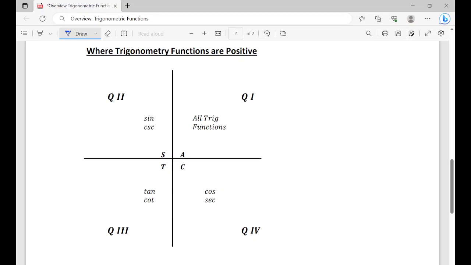That means all other trig functions are negative. In quadrant 3, tangent and cotangent are positive, which means all other trig functions are negative. And in quadrant 4, cosine and secant are positive, and all other trig functions are negative.